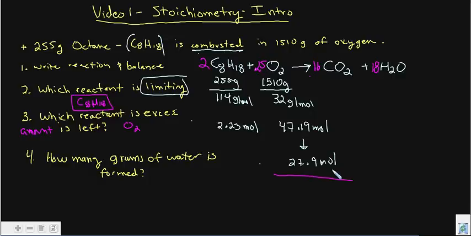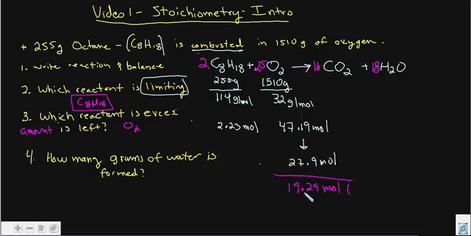Well, to find out how much mass that is, to go from moles to mass, you do the opposite of what you did to go from mass to moles. So you'd multiply by the molar mass, because the idea of this is every 1 mole equals 32 grams. So I have 19 of them.